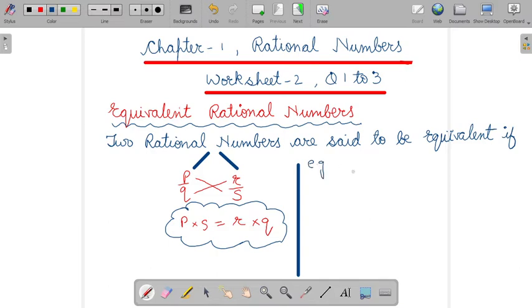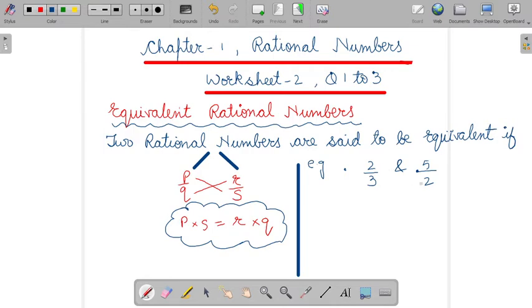Suppose the two rational numbers are 2 upon 3 and 5 upon 2, and we have to see whether these two rational numbers are equivalent or not. So what will we do?